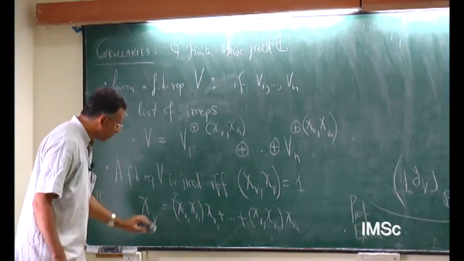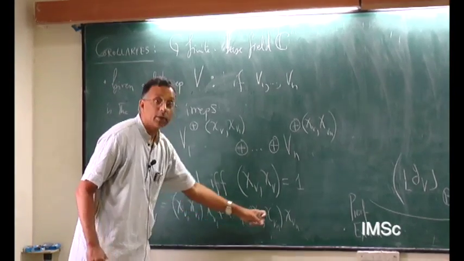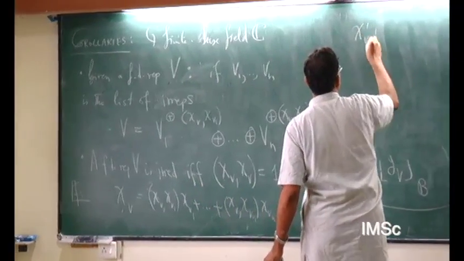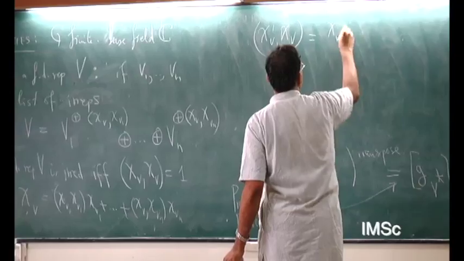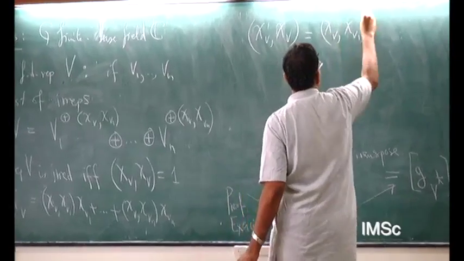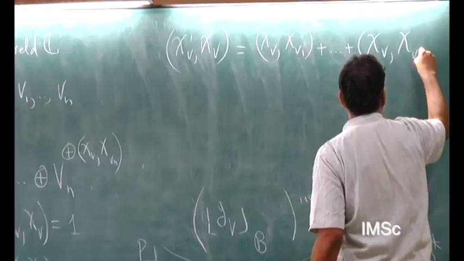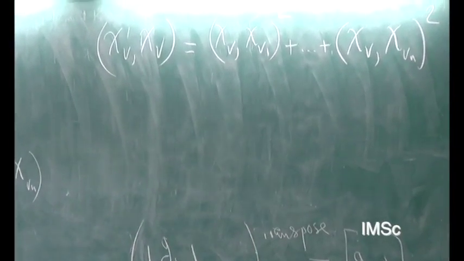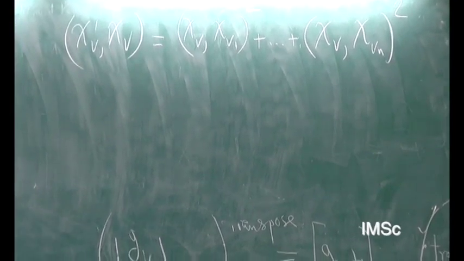If I now take the inner product, I will get the square of this plus the square of this plus the square of this. So the inner product of chi V with itself is the square of the following integers: a1 squared plus dot dot dot plus an squared. Okay, good.